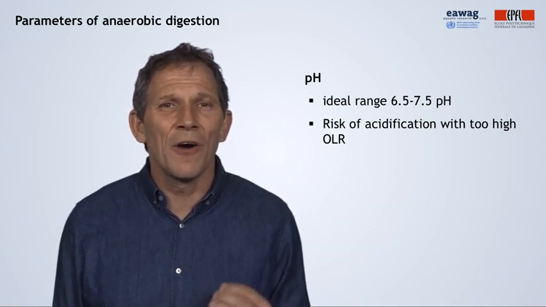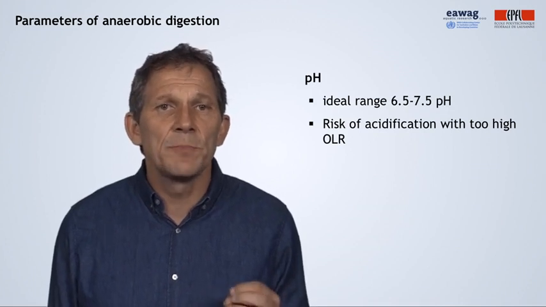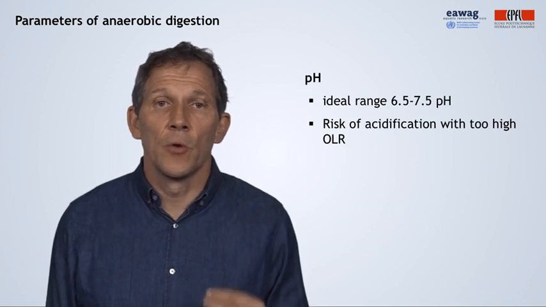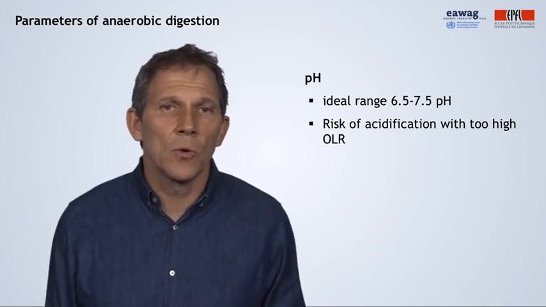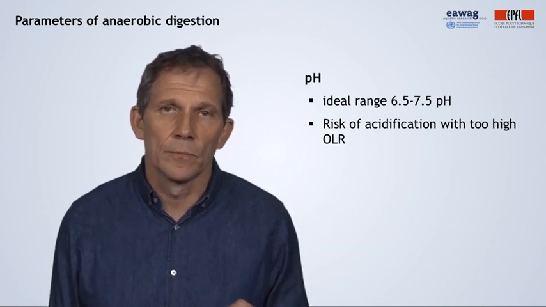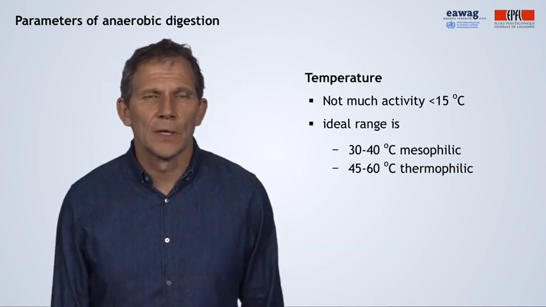Methanogenic bacteria are rather more sensitive to these conditions and will thus be inhibited. To react to this, the loading rate should be reduced, or one can also add lime or sodium hydroxide to increase the pH level.